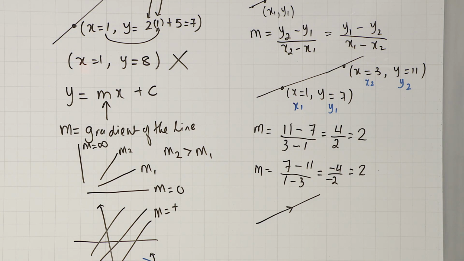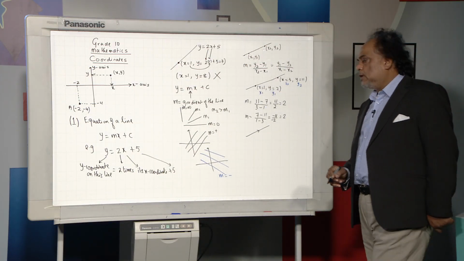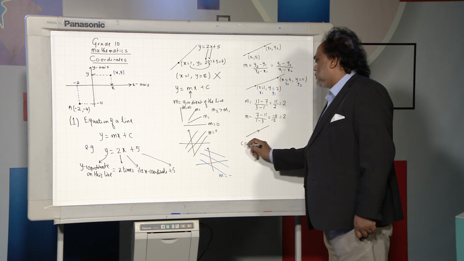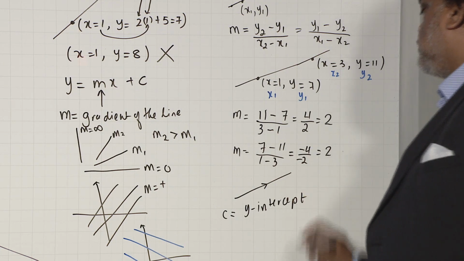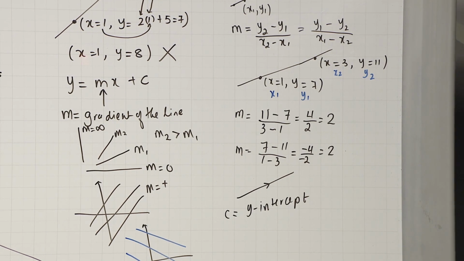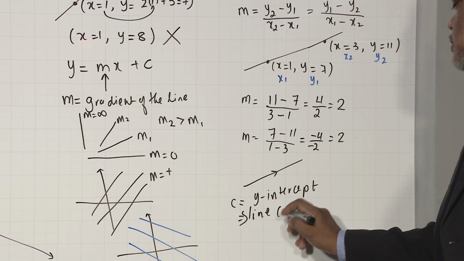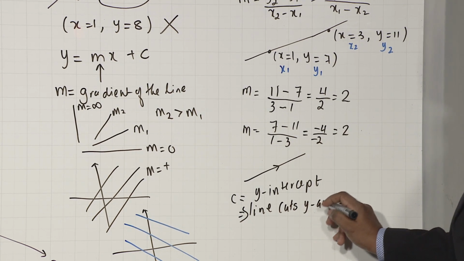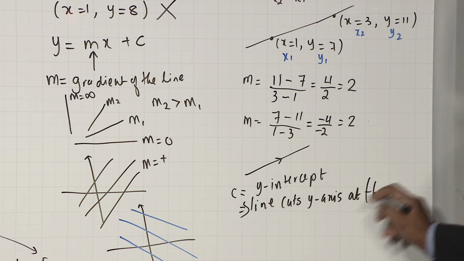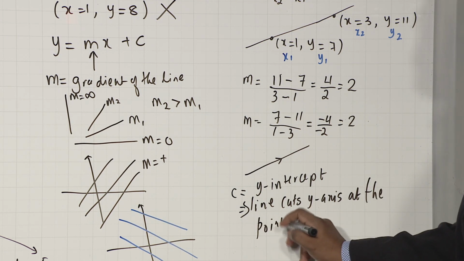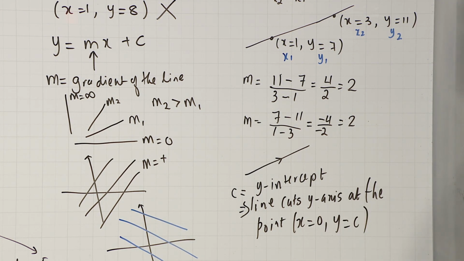Now, what is the c in the equation of a line? C is in fact called the y-intercept. What is the y-intercept? The line cuts the y-axis at the point x equal to 0, y is equal to c.